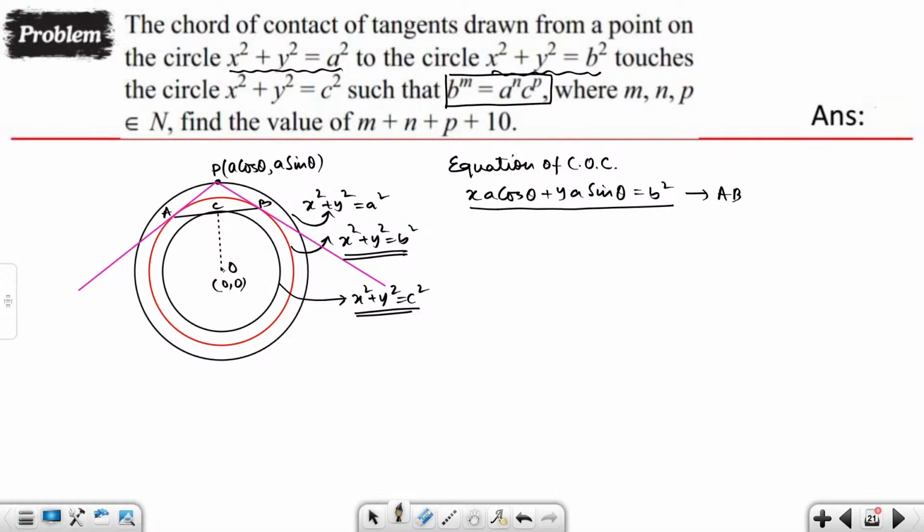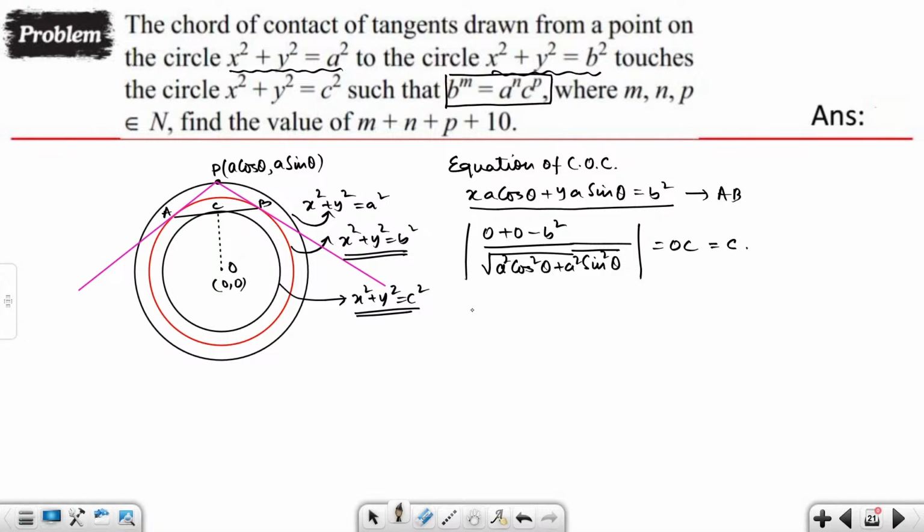So what is the perpendicular distance from the origin on this line? The perpendicular distance will be b square divided by root over of a square cos square theta plus a square sine square theta. This is the distance OC, and this distance is nothing but the radius of the circle, which is nothing but c.